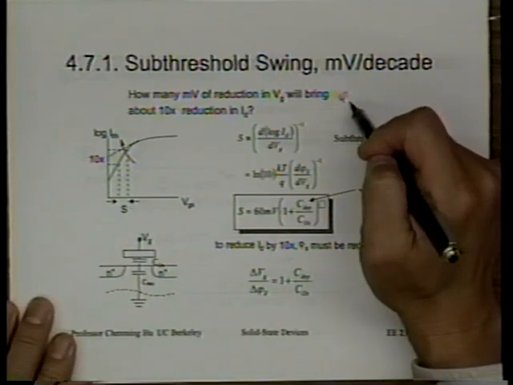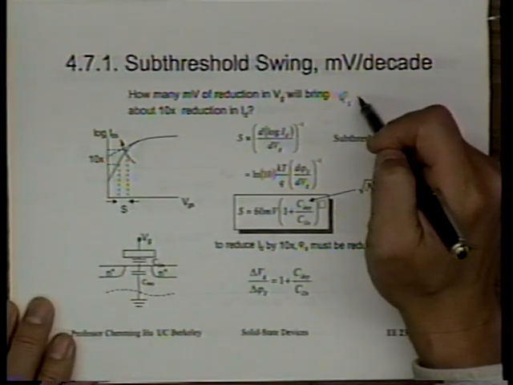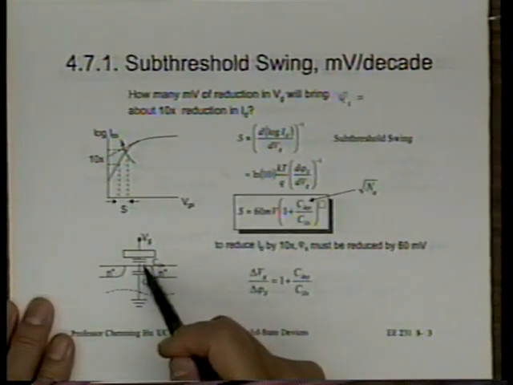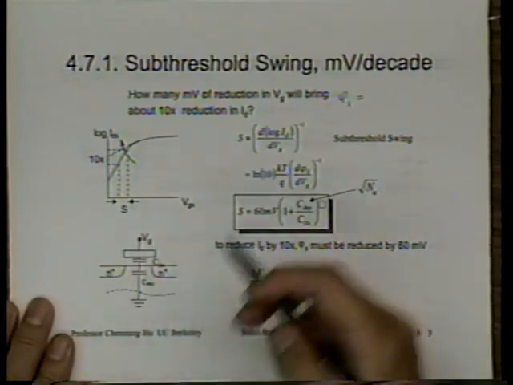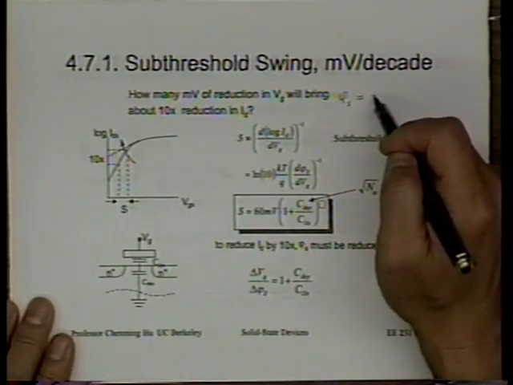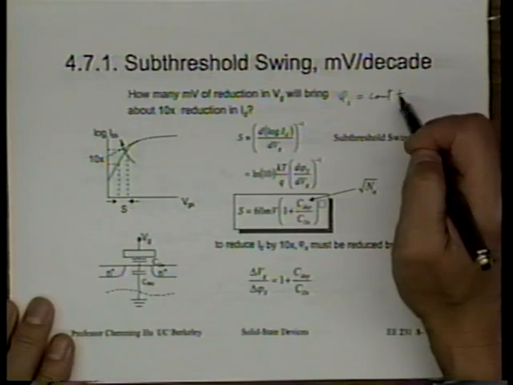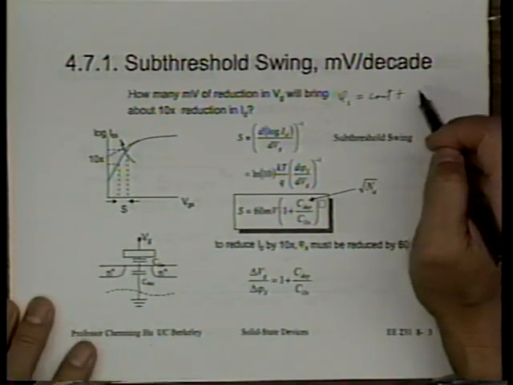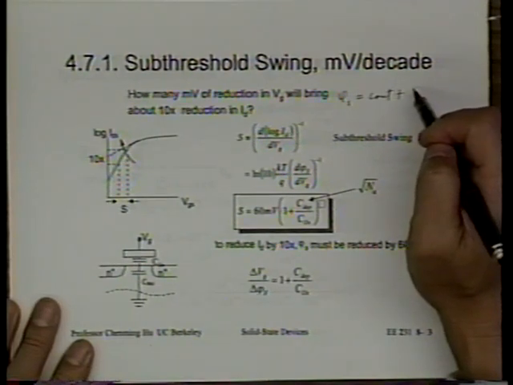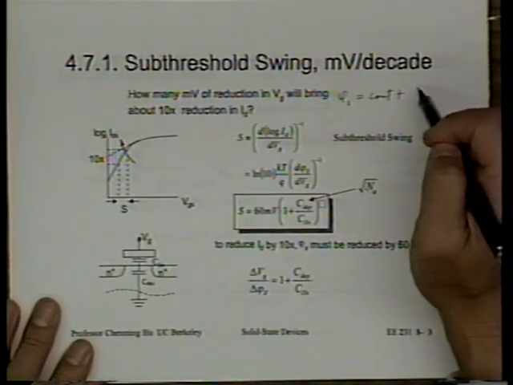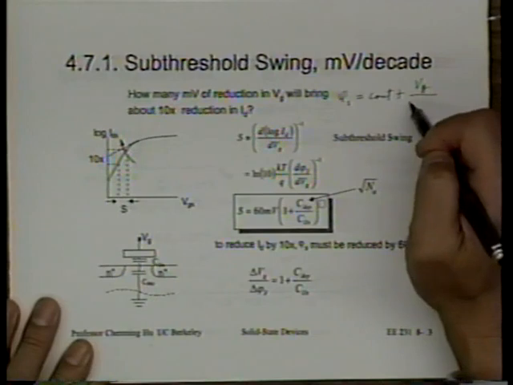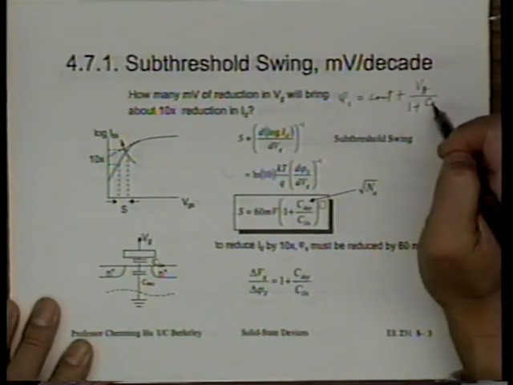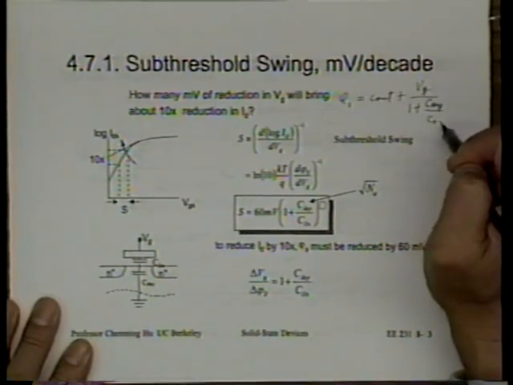Phi s is really a linear function of Vg after Taylor expansion or after using this voltage divider concept. It's really equal to some constant plus Vg divided by 1 plus C depletion over Cox.